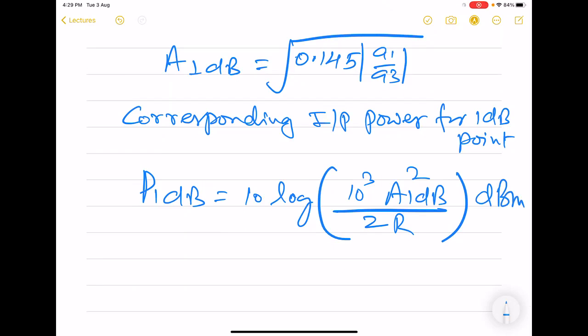We need to know this 1 dB gain compression point for an amplifier so that we always try to keep our input below this point.